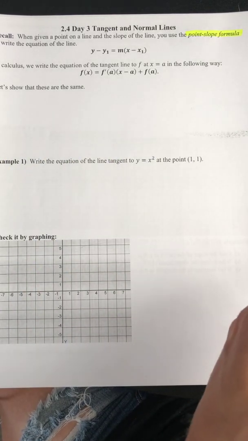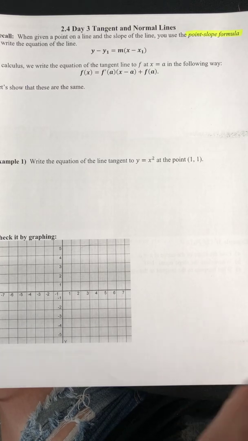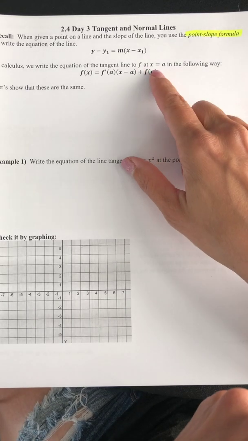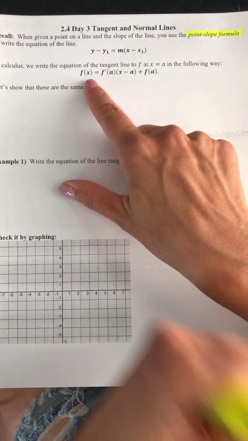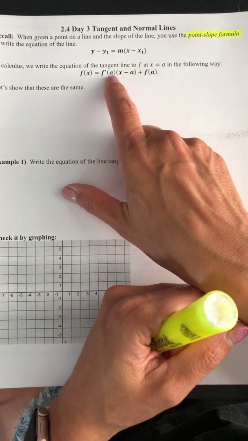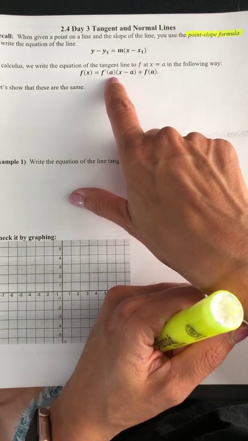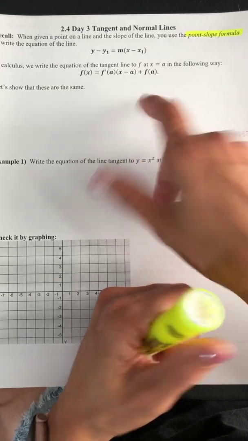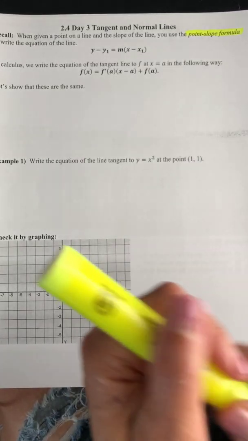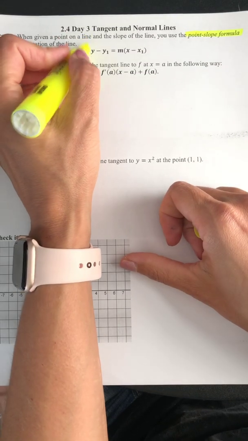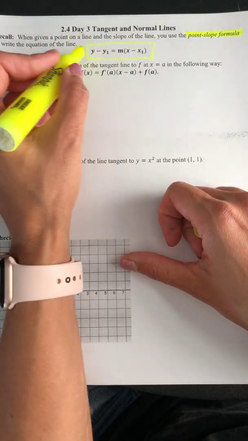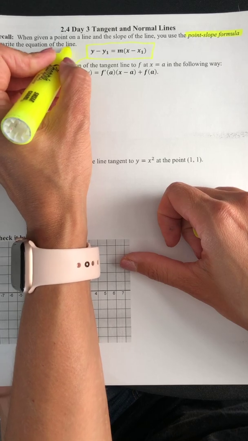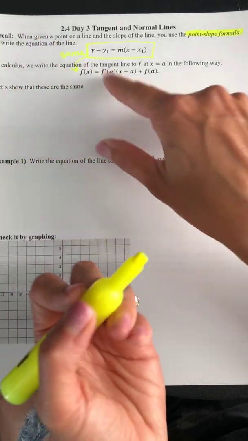In calculus, though, we write the equation of the tangent line to f at x equals a in the following way. f of x equals f prime of a, which is the derivative of f of x at that point a, times x minus a plus f of a. Well, what happens is that this is the same as that.